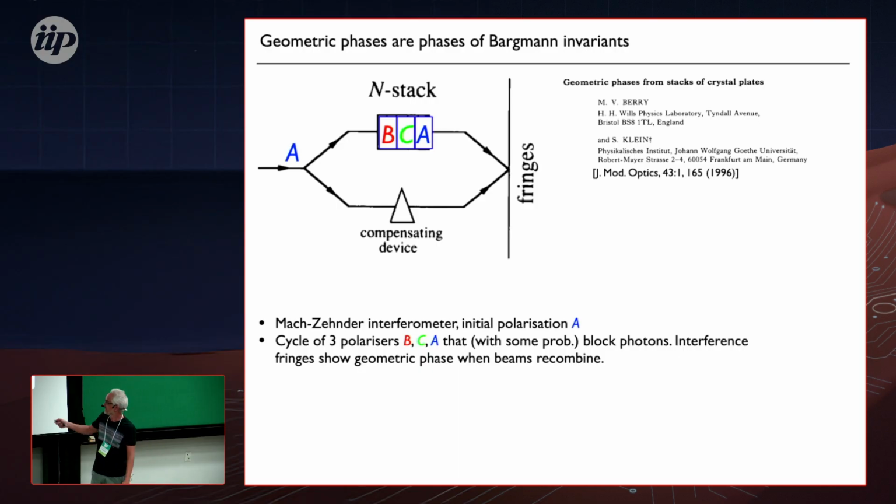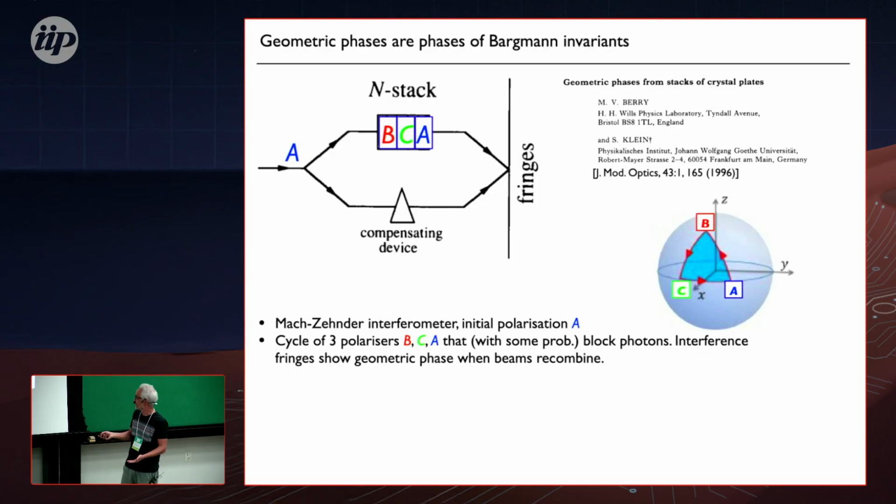So you see, only in this arm you have a sequence of projectors. And of course, you're not going to use orthogonal projectors, otherwise no photons will go through. They are non-orthogonal projectors, okay, polarizers. And then what you see, okay, some photons are going to be absorbed here, that's one thing. And you also see that the fringes here depend on this sequence of polarizers. So depending on the sequence of polarizers, you see a different interference fringe, okay? And you want to understand this fringe.